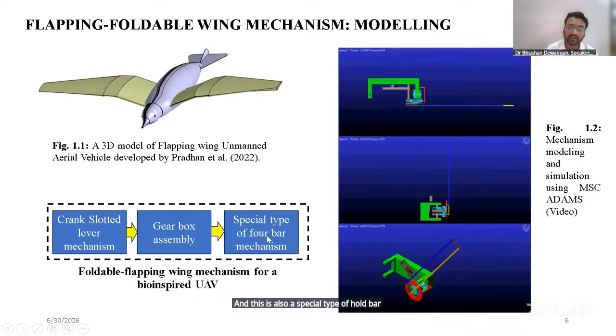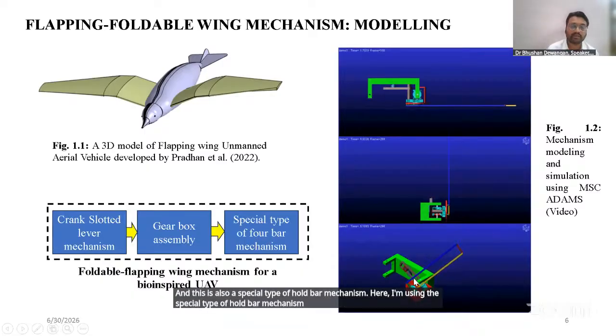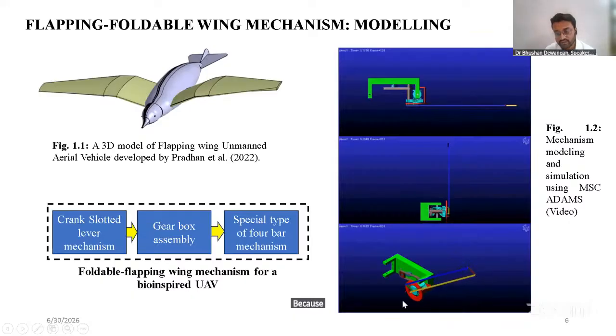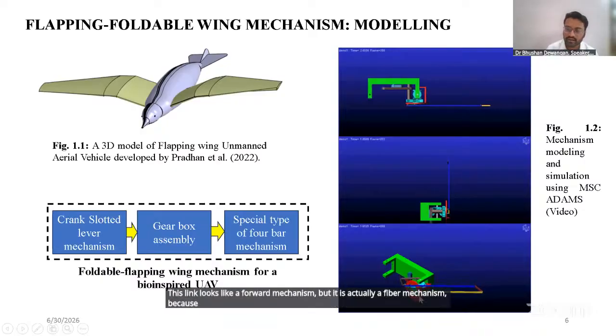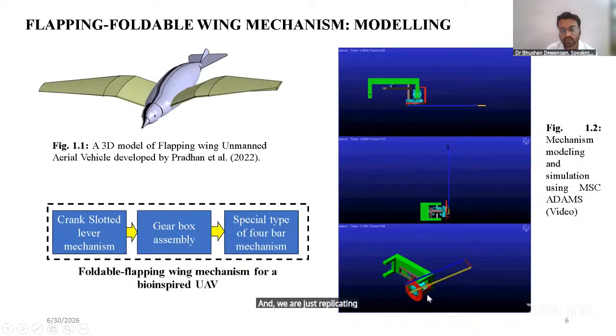Here I am using a special type of 4-bar mechanism because this looks like a 4-bar mechanism, but it is actually a 5-bar mechanism. Because in the fifth link, we are just assuming that it is 0. And we are just replicating the 2 inputs. One input is from this annular ring and another input is from here.